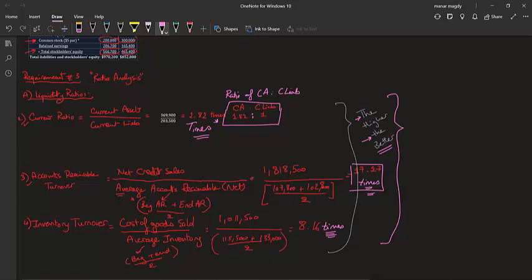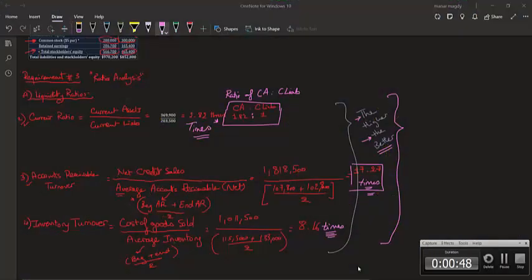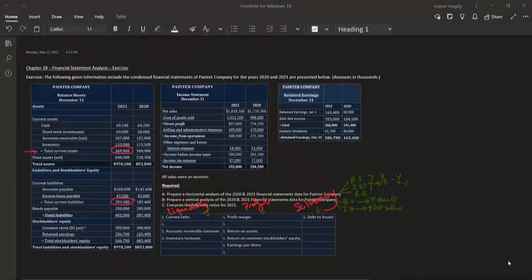We have finished the liquidity ratios. Secondly, we have the profitability ratios.